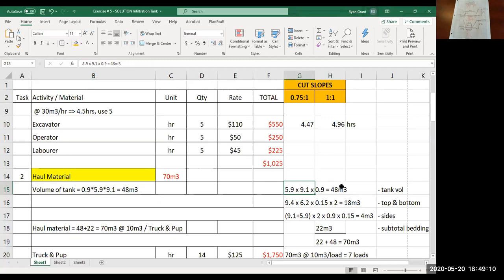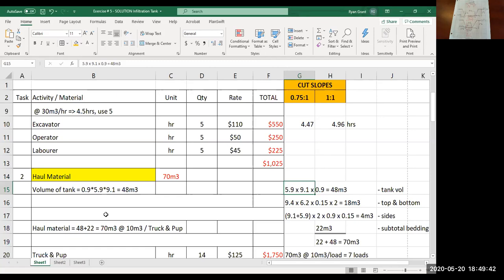That's this calculation here. The other calculation is the amount of import gravel that we're purchasing. The question tells you that there's 150 millimeters of gravel beneath the infiltration tank, an additional 150 millimeters on top of the tank, and a minimum of 150 all the way around the tank, on the sides.